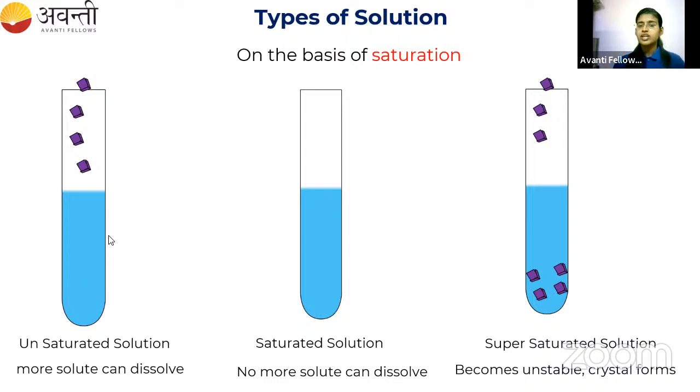So we call some solutions unsaturated, saturated, and supersaturated. In supersaturated, there will already be some concentration for that solution. We have studied many concentration terms, right? If you add more solute to that solution, crystals form. The concentration of the substance will be more and we call those solutions supersaturated. Got it?